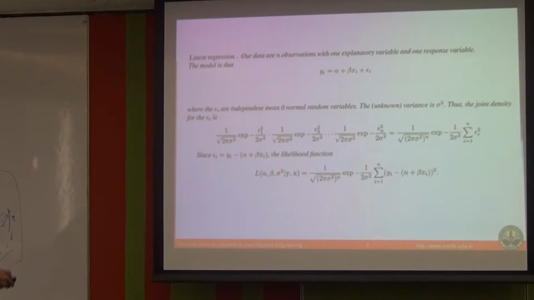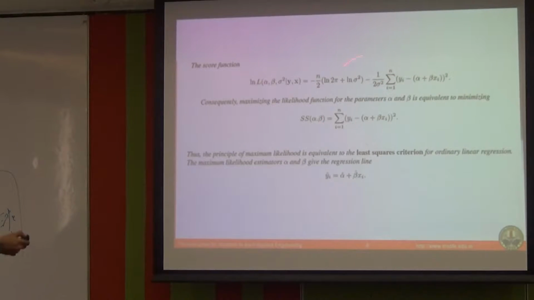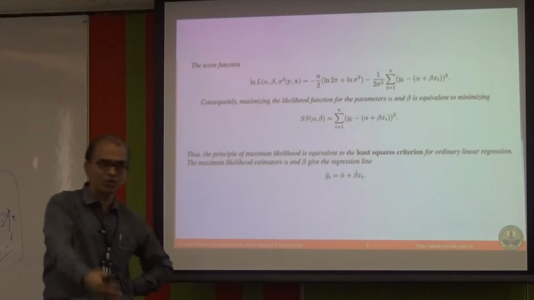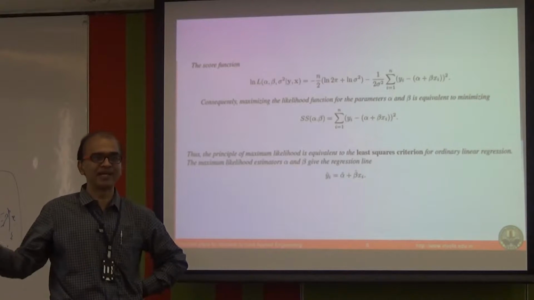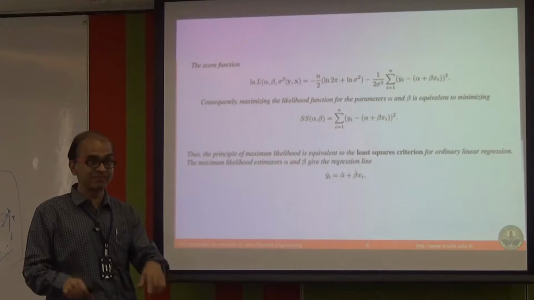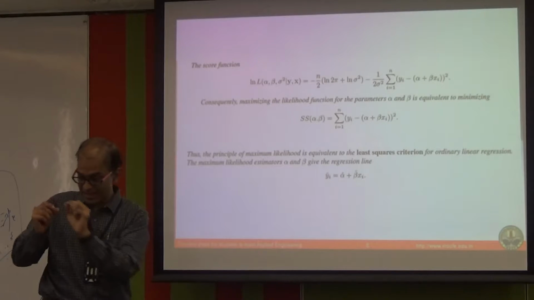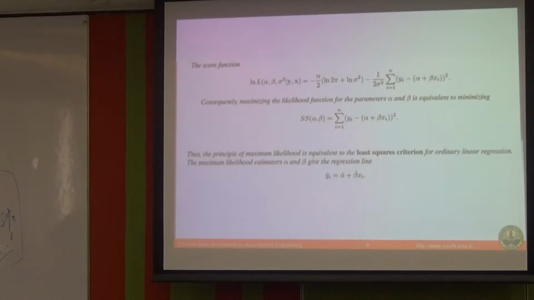Log of exponential gets cancelled and I get this. So now I either maximize this or minimize this. So least squares is nothing but a straight outcome of your maximum likelihood estimate and the assumption that your error is normally distributed across the space. For whatever it is worth, now you know.